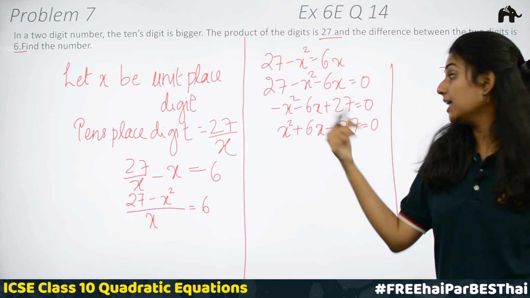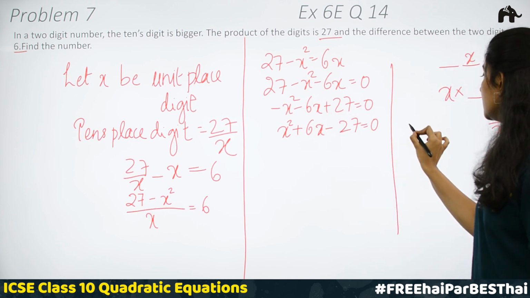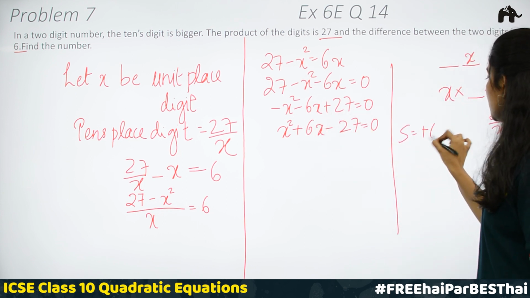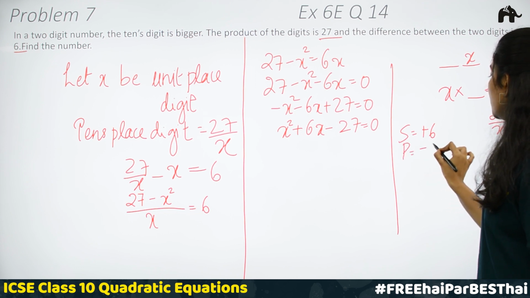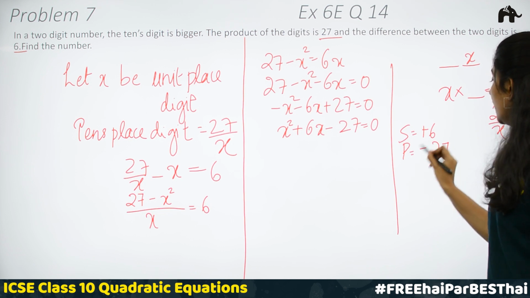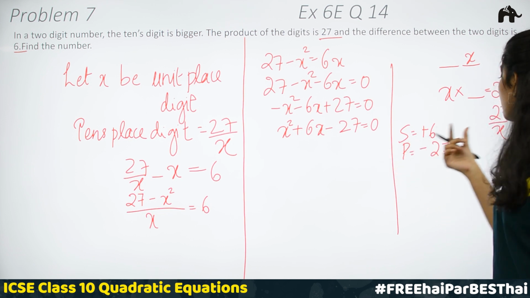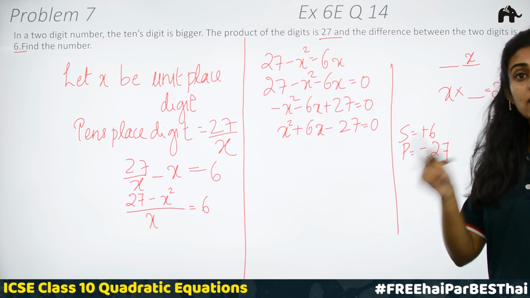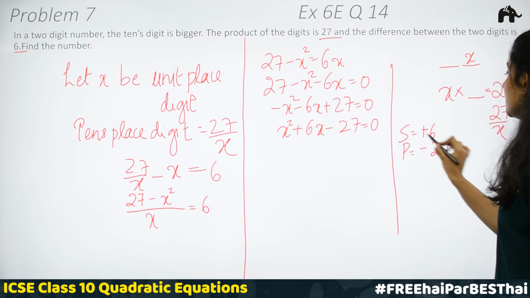We need to split the middle term. Sum of the digits should be equal to plus 6 and product should be minus 27. Okay. To get a negative number, we need two digits such that one among them is negative and the sum is positive.